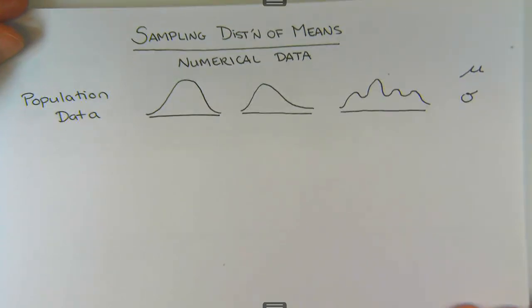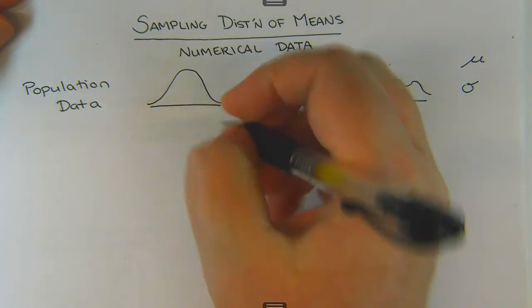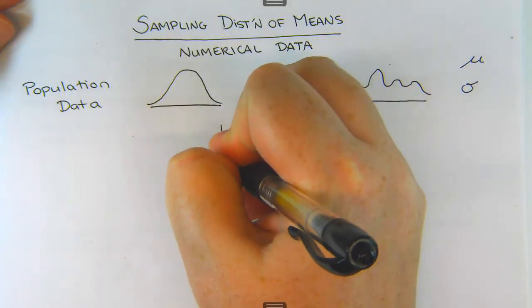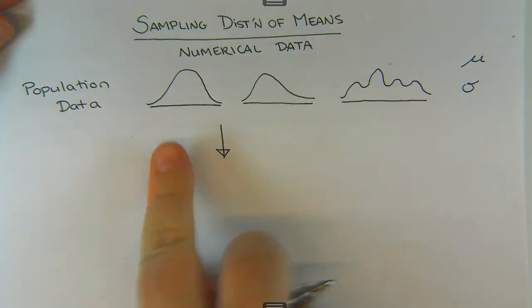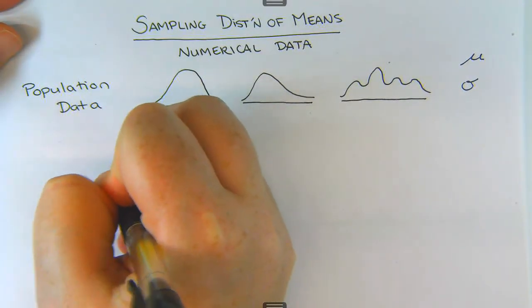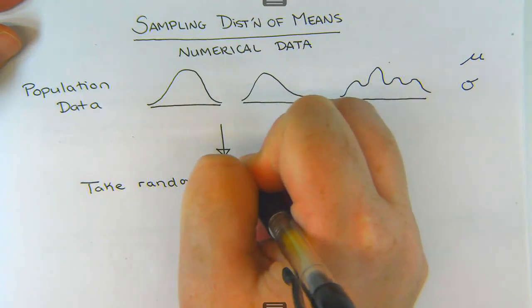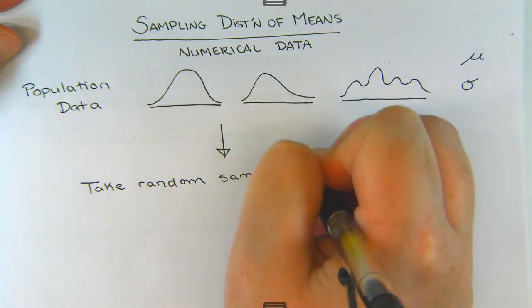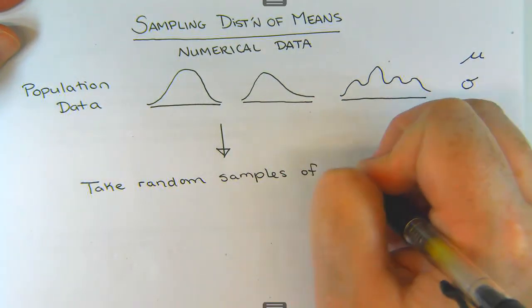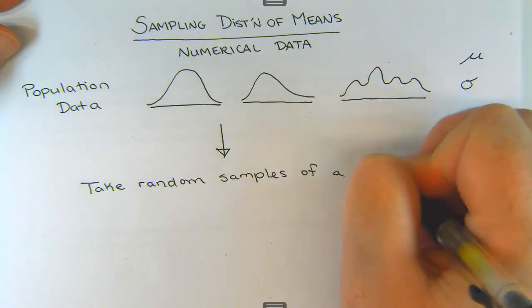So in our simulation, what we saw is once you have this population data, you're going through this step of taking random samples from our population. So you're taking random samples of a certain sample size, of some size n.